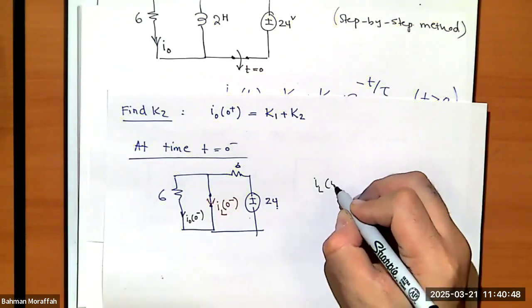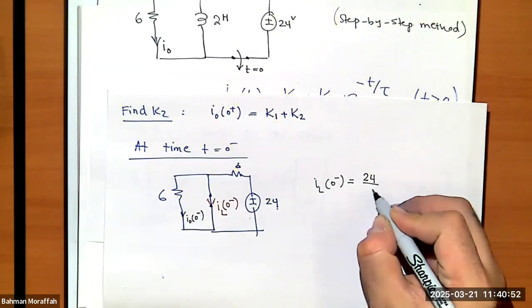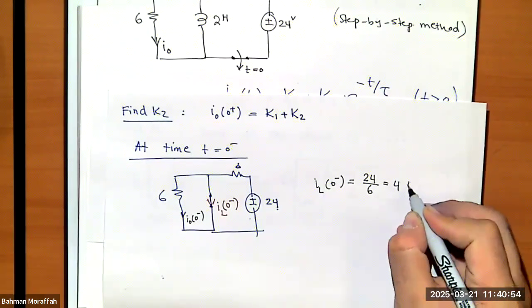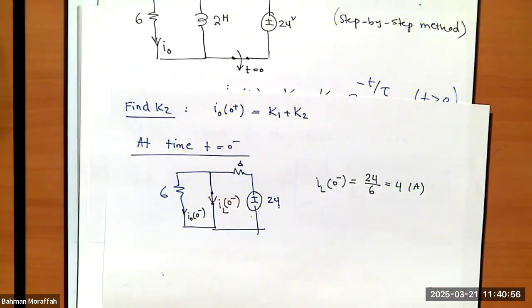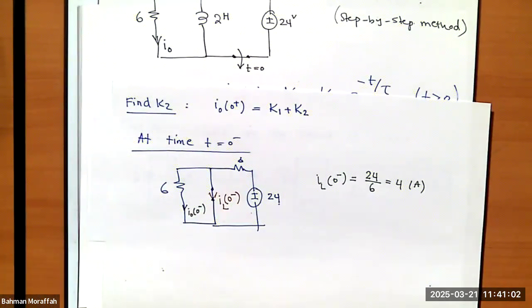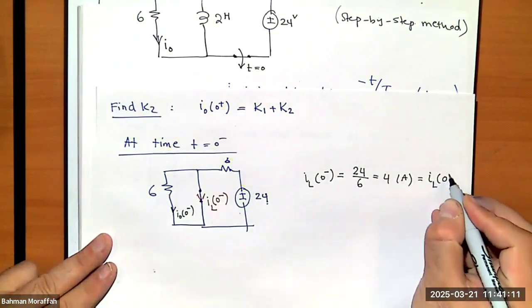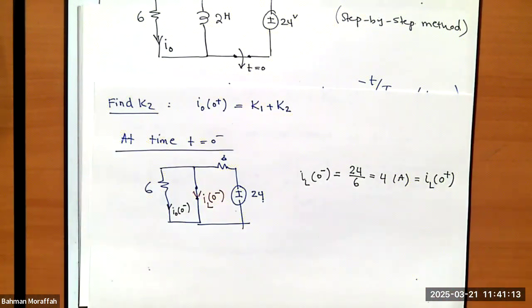I get negative 24 plus 6 times IL equals 0. Therefore, IL is 24 divided by 6, which is 4 amps. I know immediately this is IL at time 0 plus.